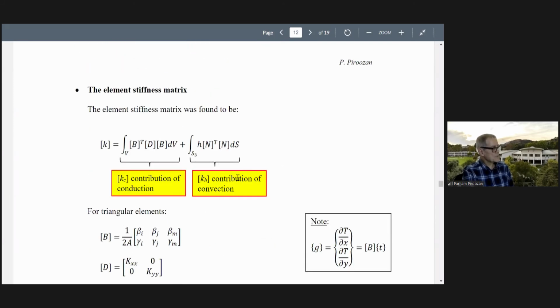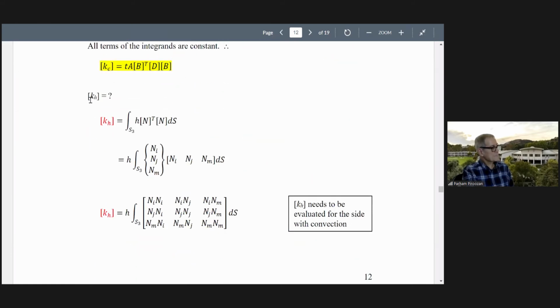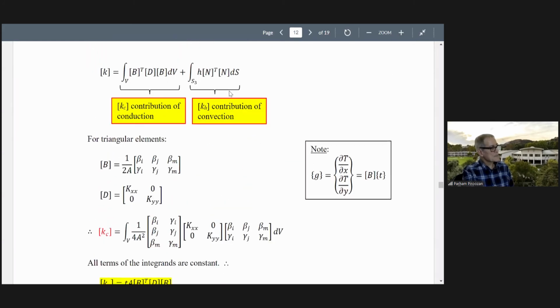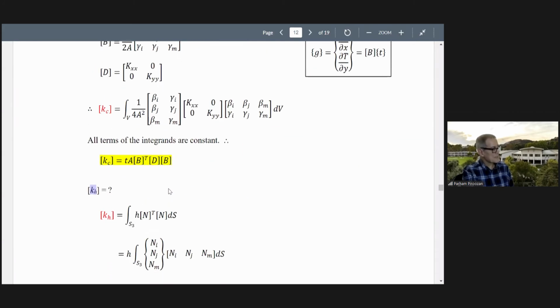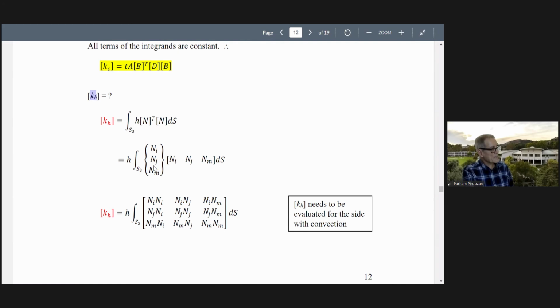All right, so let's look at what happens to this one, K sub H. K sub H is given by this. This is H and transpose NDS. These are shape functions, Ni, Nj, Nm. Multiplying these two matrices, we get this one.